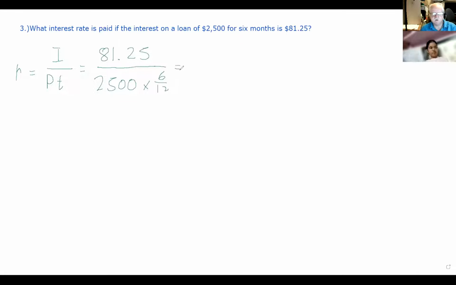So again, I'm going to start with the 6/12. 6 divided by 12 times 2,500. Then I need to flip the numerator into the denominator. So 1/x.